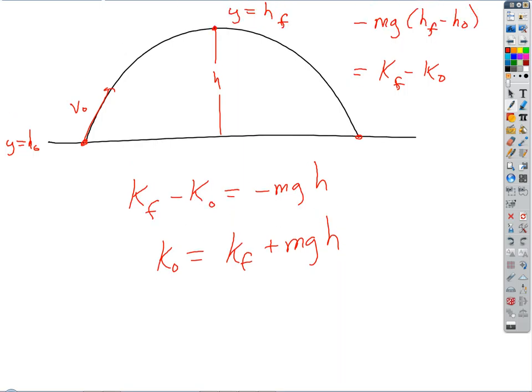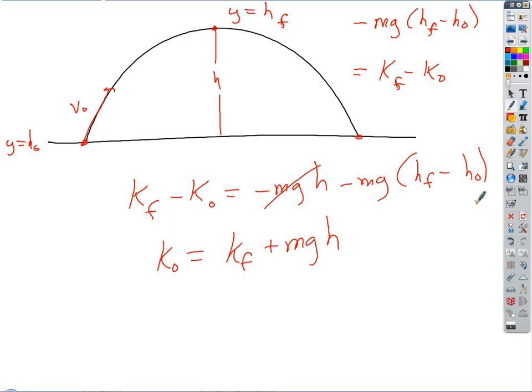If we went back and said, maybe we do want to talk about this as h naught and h final, that's okay. We could do that, couldn't we? Then instead of mgh, this term would have been minus mg times h final minus h naught.